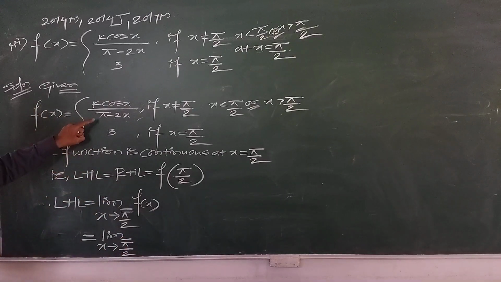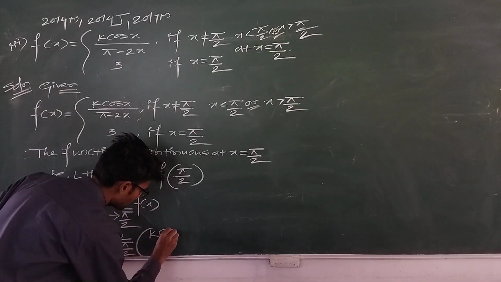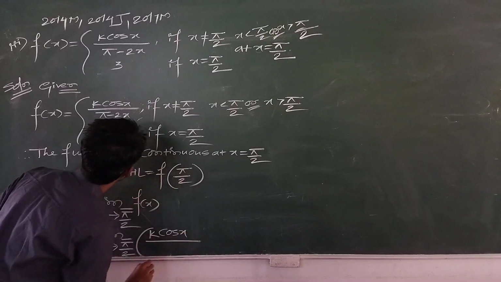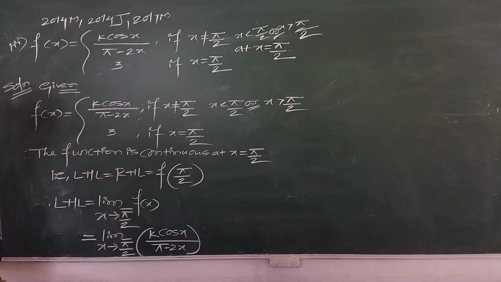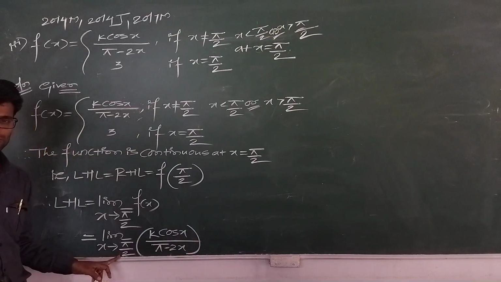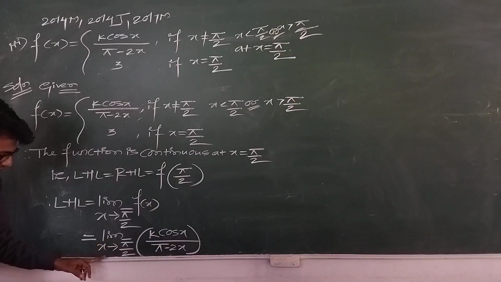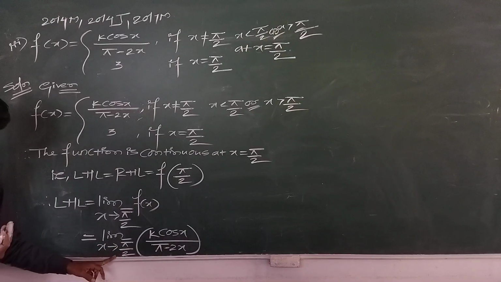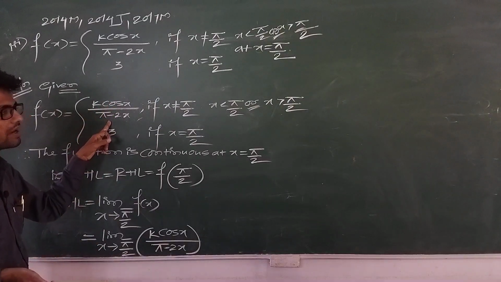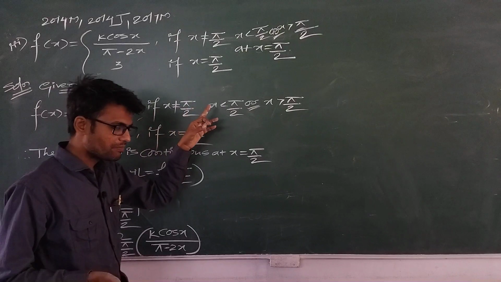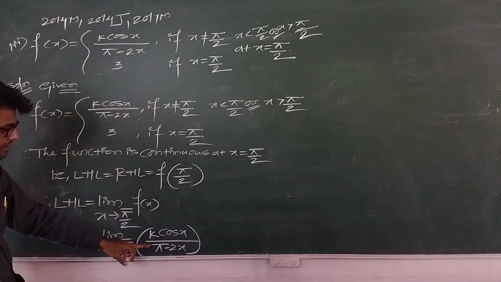See the value of f of x is k cos x divided by pi minus 2x. For the value of x less than pi by 2, x tends to pi by 2 from the left means what? For x less than pi by 2, that is on the left of x equal to pi by 2, you take the value of the function f of x as k cos x divided by pi minus 2x.